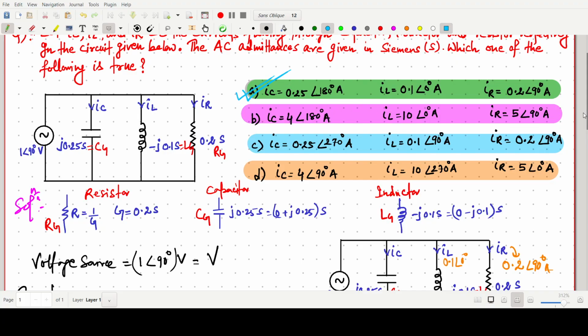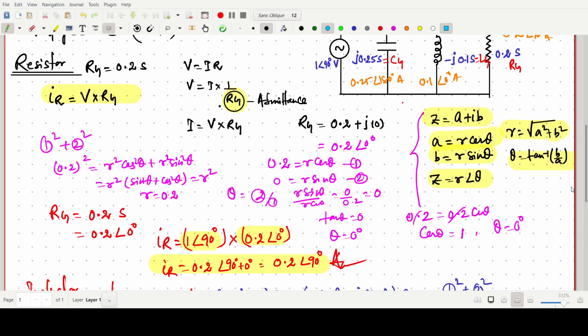Okay, so this one is easy, but we have to be careful about the admittance term. Current is voltage into conductance, or better to say admittance.